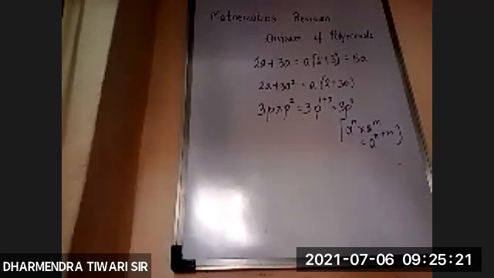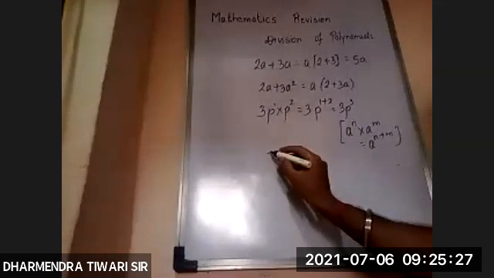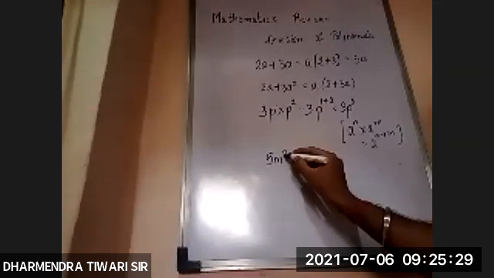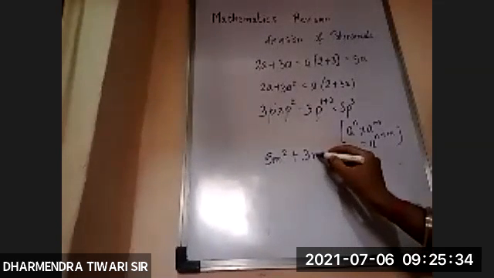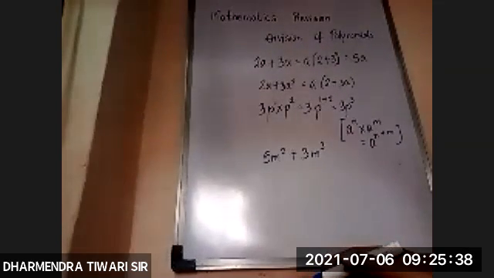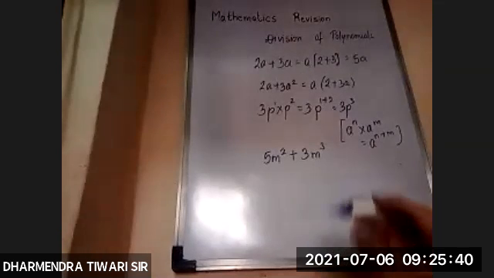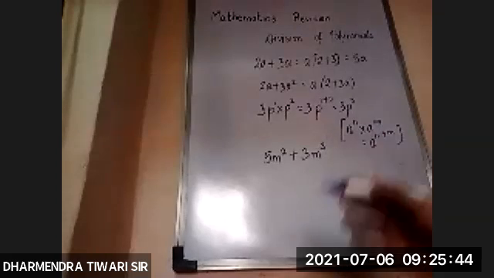Again, next. Say we have 5m square plus 3m raised to 3. What do we need to do? Here you can't do anything.